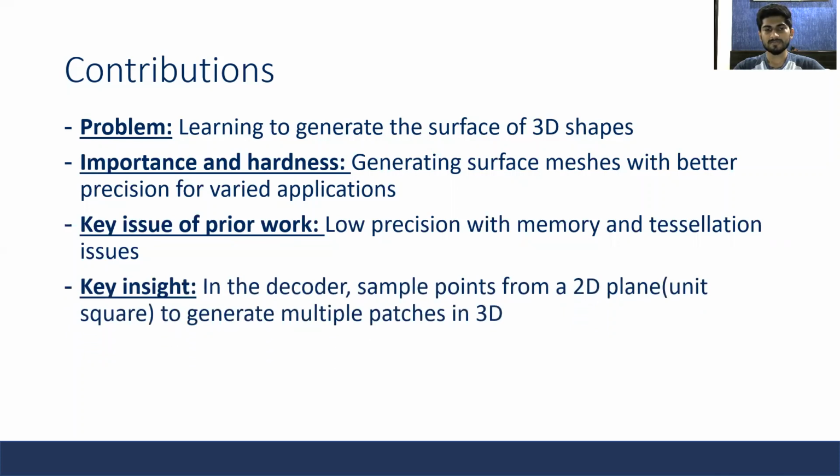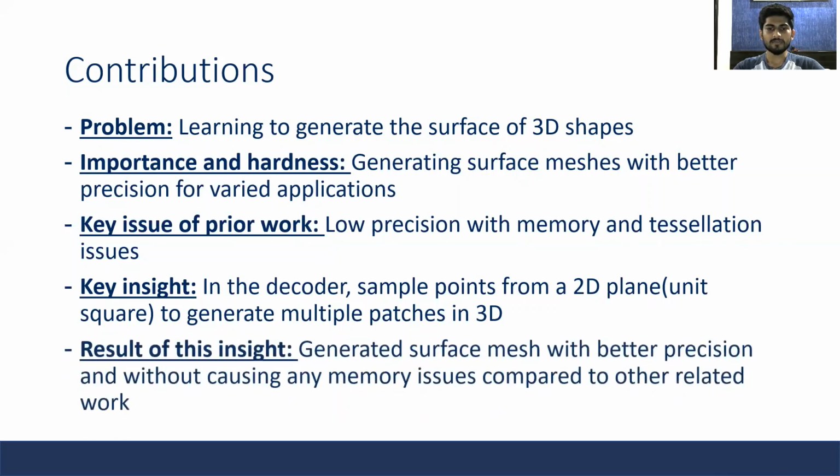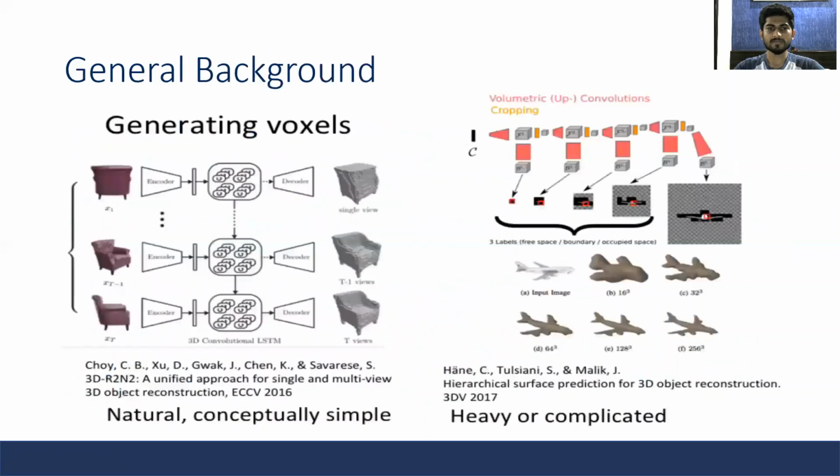And the key insight of this paper is that in the decoder part, you have to sample points from a 2D space, so let's say a unit square, and then you use that to generate points in 3D space, and then use one of the surface reconstruction techniques to generate patches to form the entire surface of the 3D shape. And the result of this insight was that the generated surface had a better precision mesh formation, and it didn't really cause any memory issues.